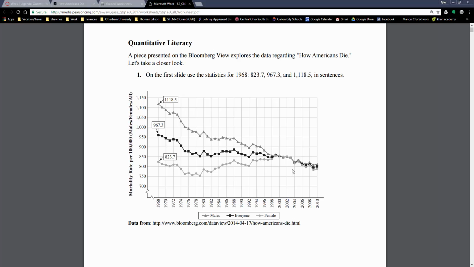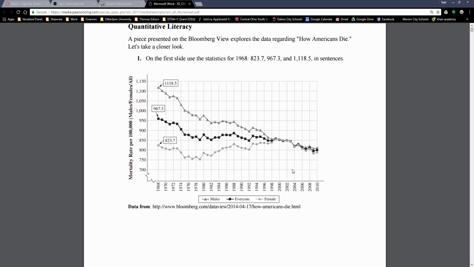The goal is just so you understand that quantitative literacy problems take time and a lot of thought. Sometimes you might struggle with it, and you have to come back and think about it a little bit later. That's perfectly fine. These problems aren't just a one-answer type of thing.